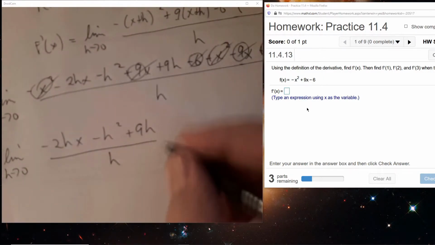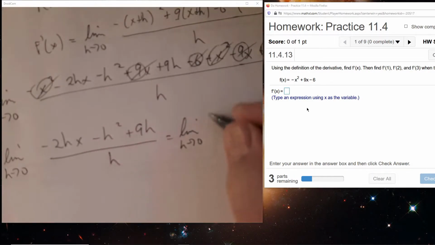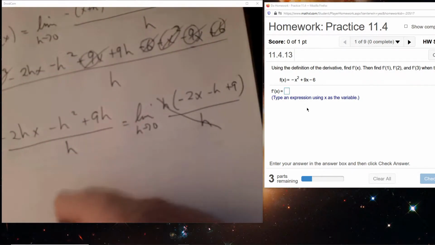and there's an h factor in the numerator. And there it is. Our h's now divide out. And so we're left then for the derivative.